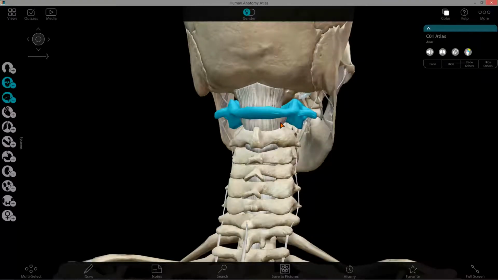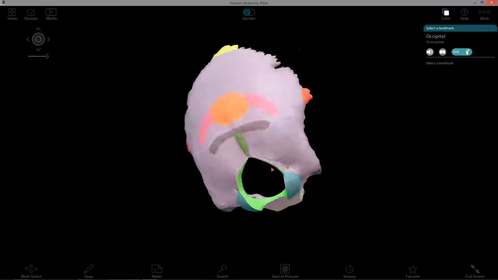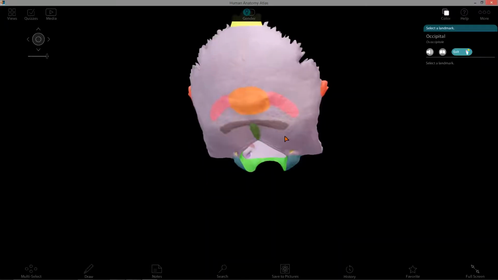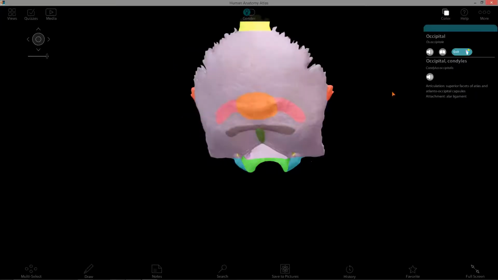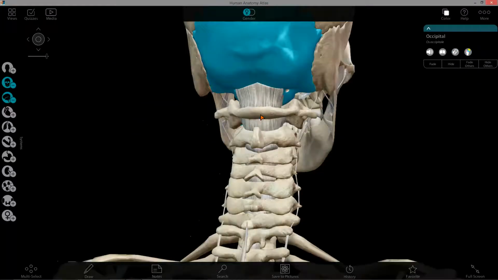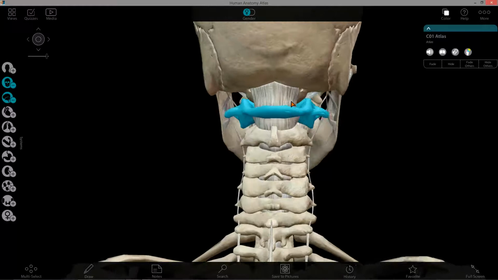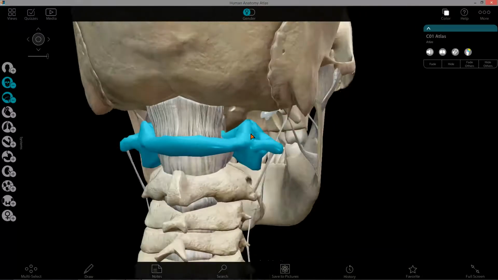The atlas has no body or spinous process, and it articulates with the occipital condyles of the occipital bone superiorly. So if I go to the occipital bone, and I pull up our multicolor mode, and take us to a posterior view, the inferior most dark bluish gray area here, those are the occipital condyles, and that's what the atlas articulates with superiorly. You can kind of see it right here.